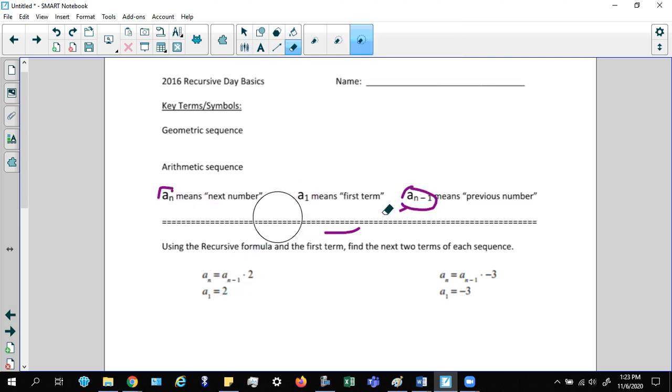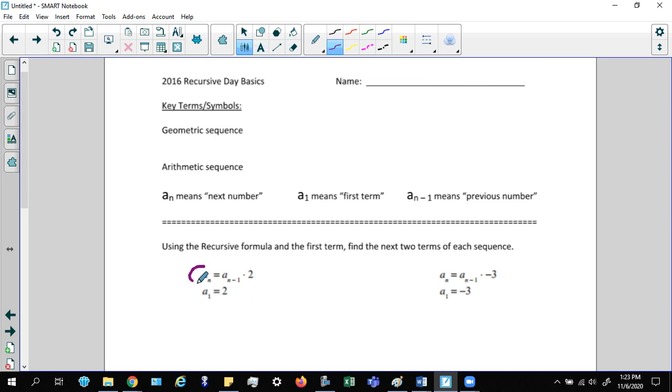So here we go. Pretty simple. It says here that to get your next number, A of n, you have to take the previous number and then times it by 2. The notation is very simple, and I'm going to write it out just to make it easy for you.